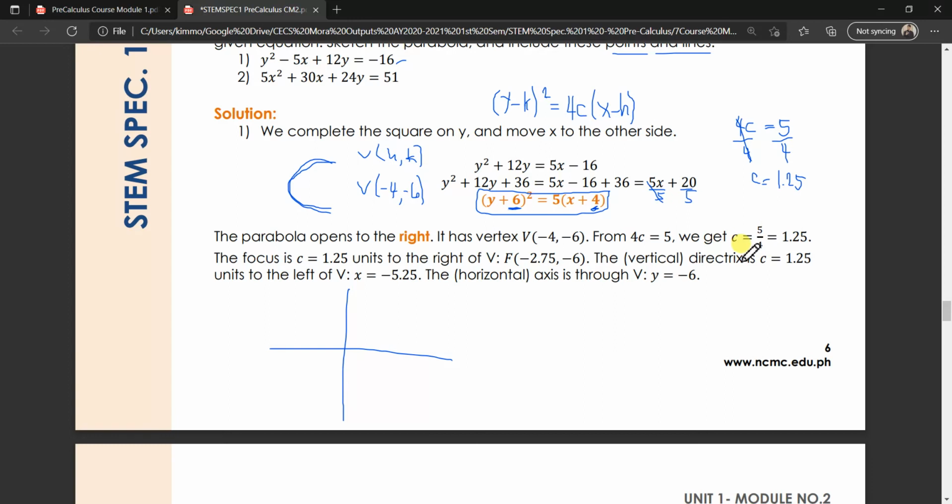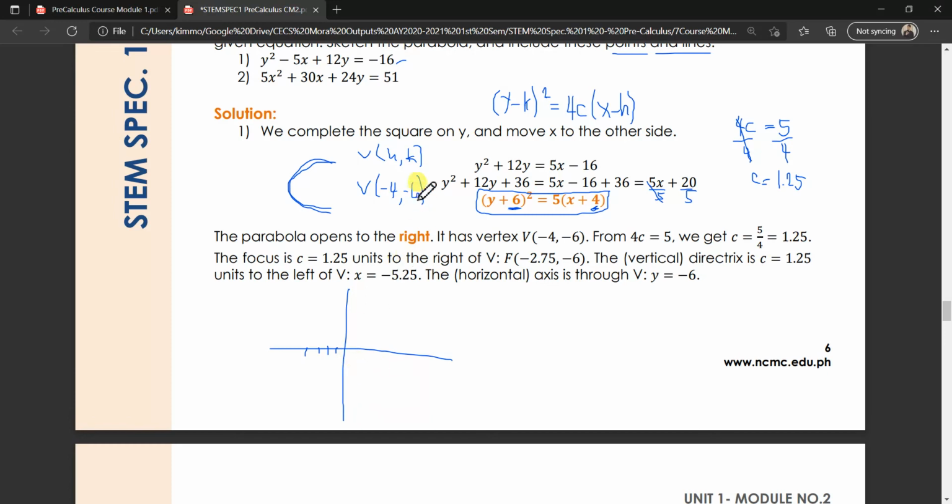So from there, we have found the standard equation of our parabola, and we have identified the vertex. So let us plot our vertex. Our vertex is located at negative 4 on the x, so negative 1, 2, 3, 4.